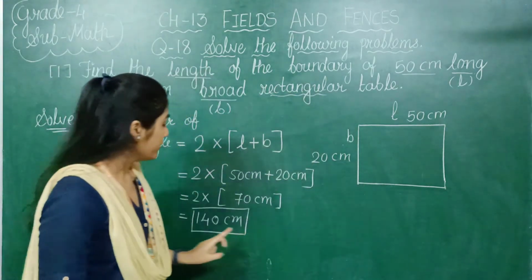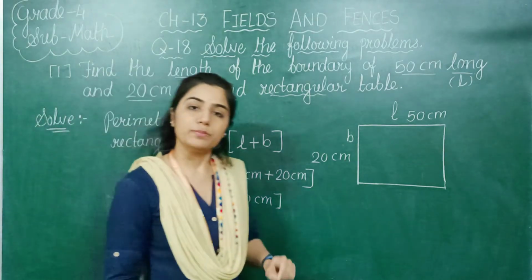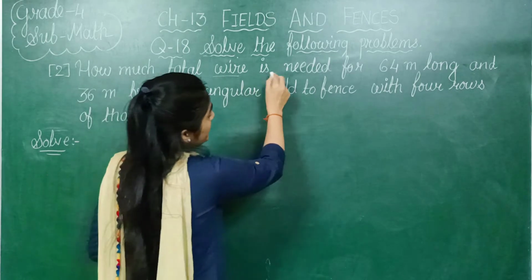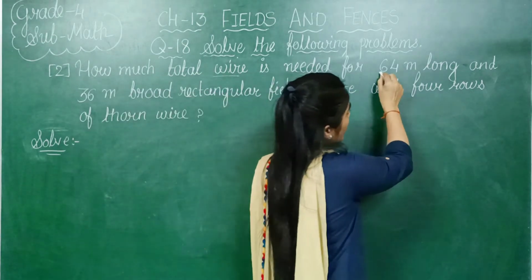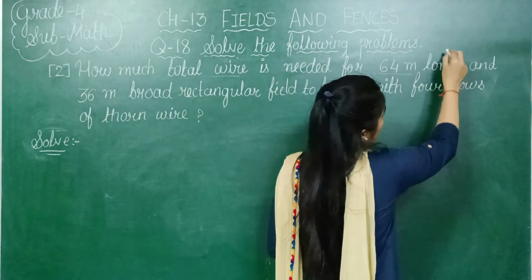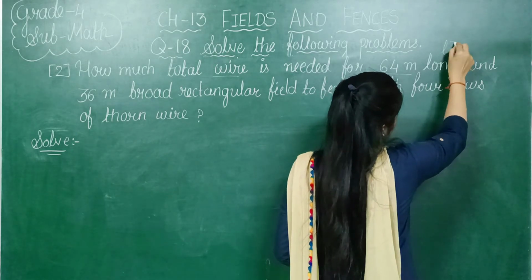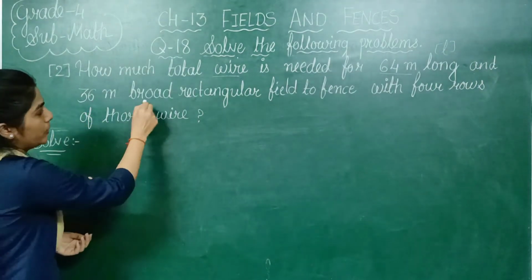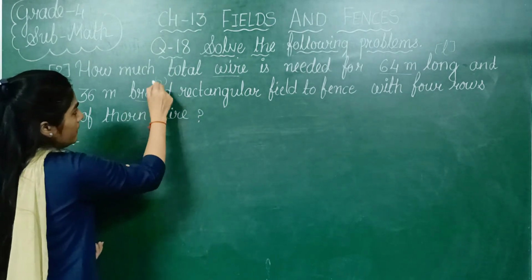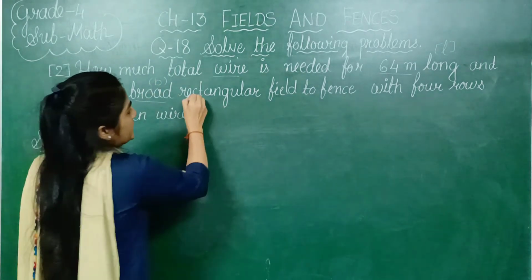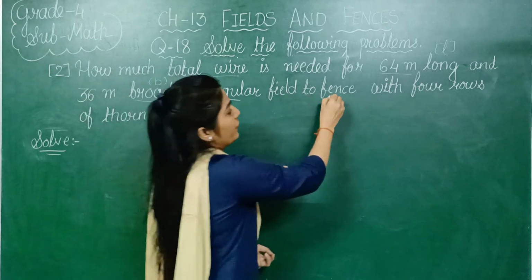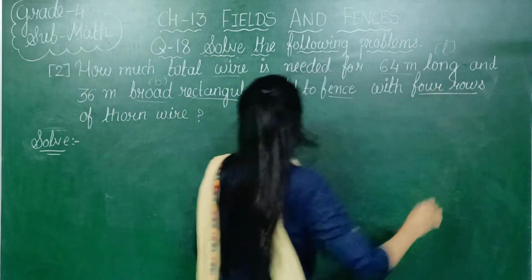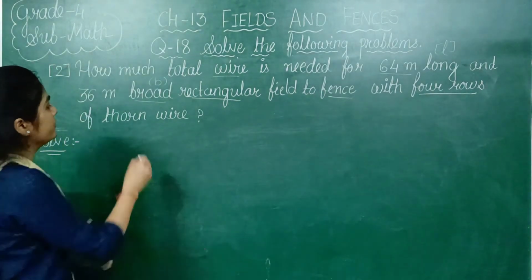shape, is 140 centimeter. How much total wire is needed for a 64 meter long, long meaning length, and 36 meter broad, meaning breadth, rectangular field to fence with 4 rows of thorn wire?